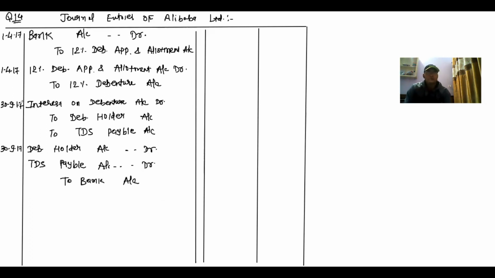Now these two entries are the same, but the date changes, that is 31st March 2018.